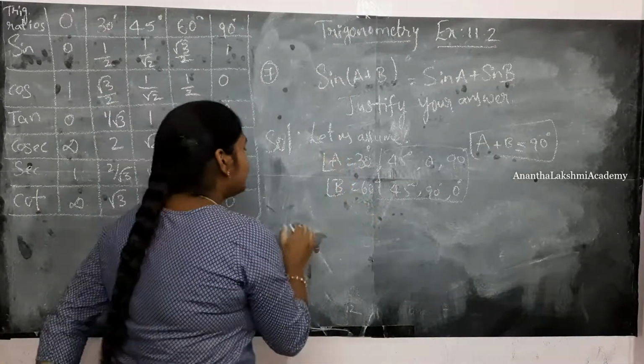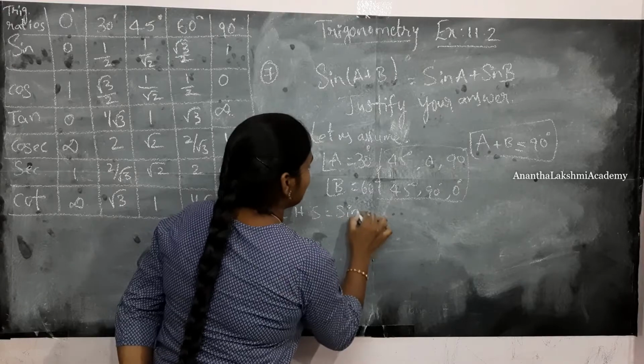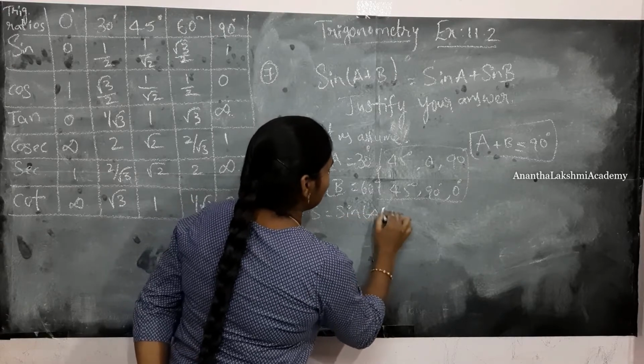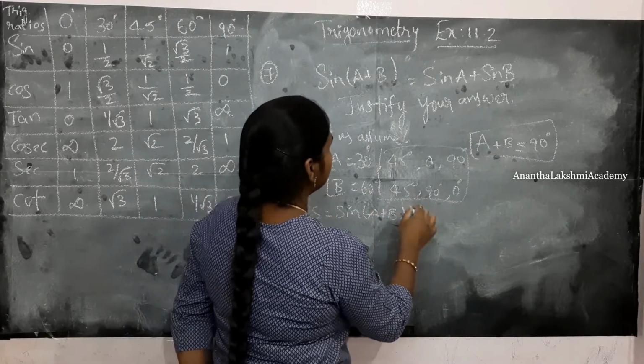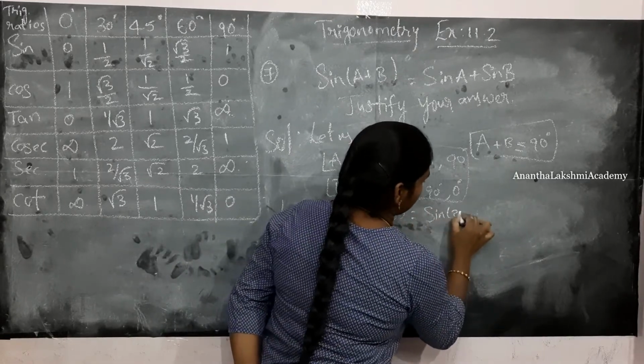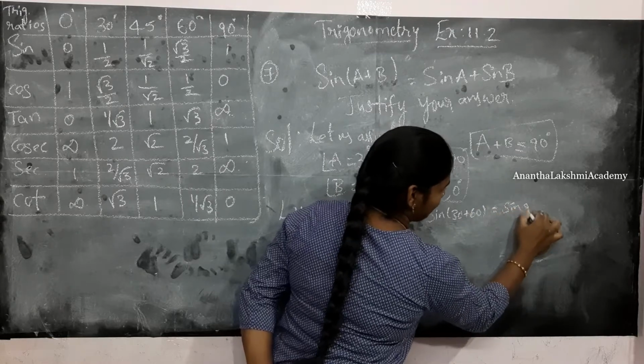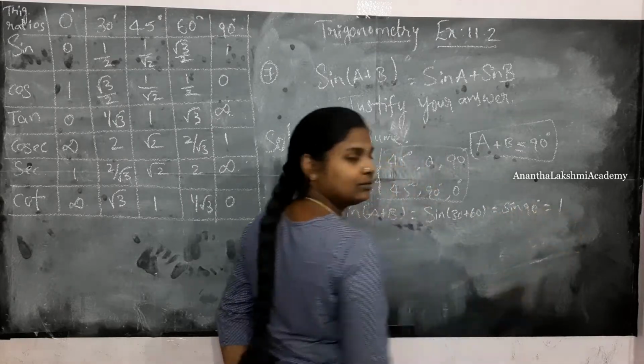Alright, let me solve the LHS. Sine of A plus B is equal to sine of 30 plus 60, which is sine 90, which is equal to 1.